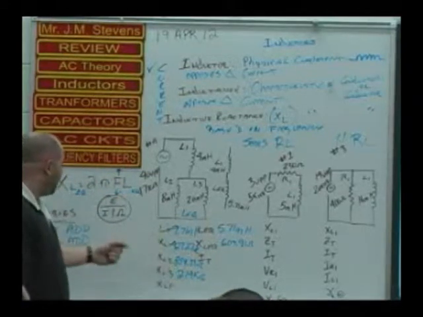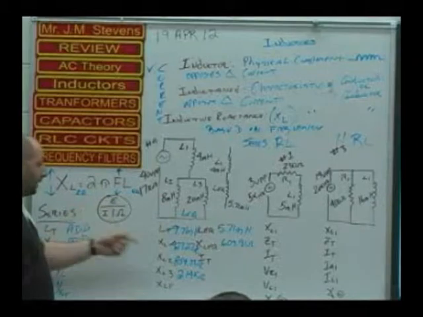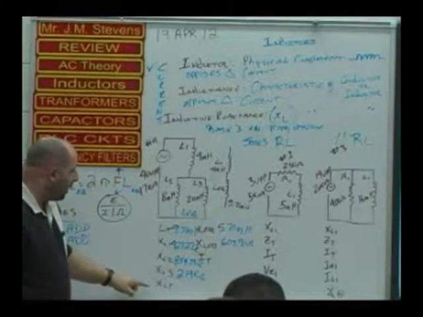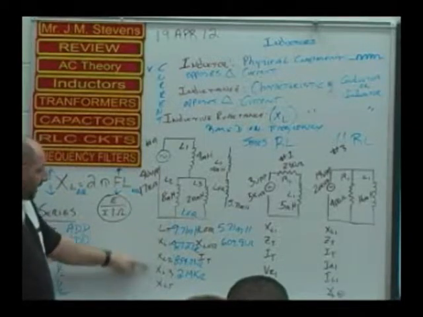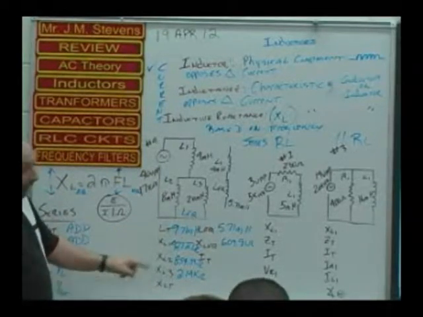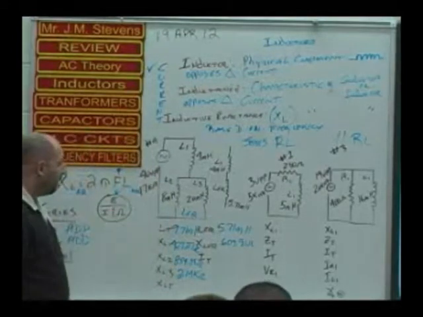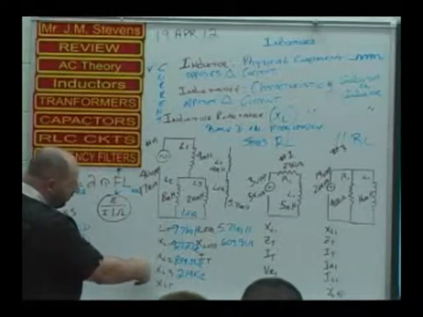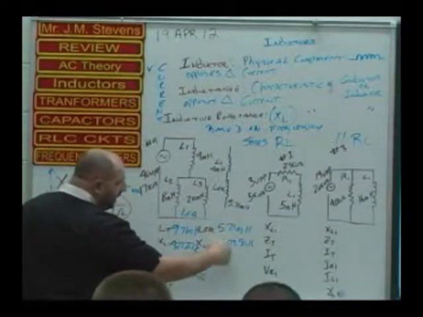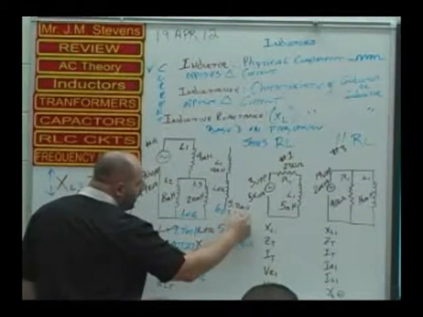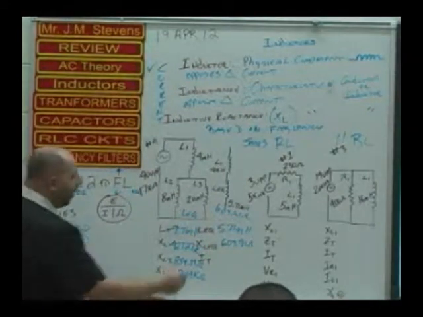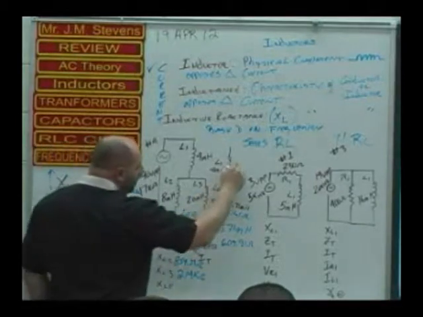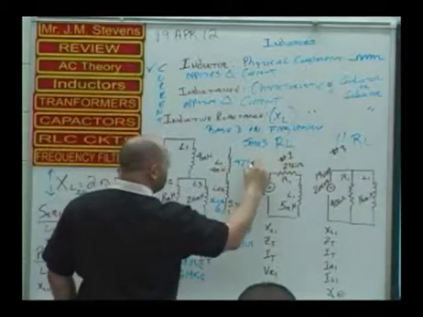So take your pick. Use the LEQ to find XLEQ, or treat ohms like ohms. So XL total. You don't just add these up, do you? No, because it's series parallel. So by redrawing XL2 and XL3, did we find that? That's the 609.91 ohms. What is XL1? Right here, 427.27 ohms.